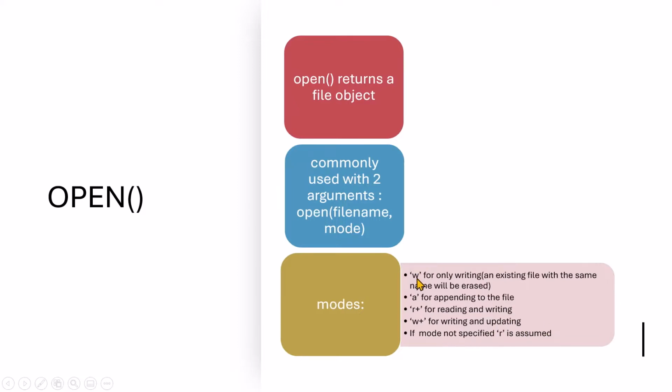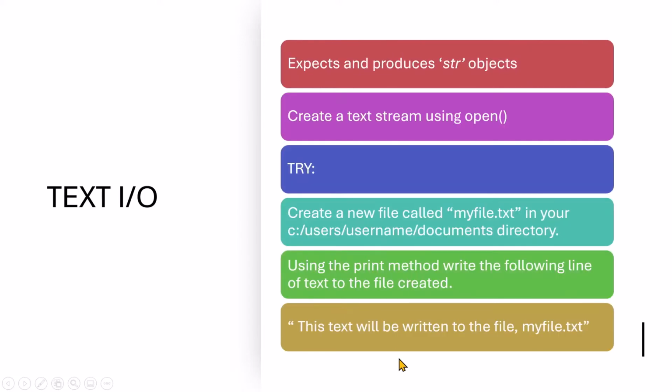The other modes are W for write only, A for appending to the file, and when we open the file in append mode, the file pointer is automatically positioned after the last character of text in our file. We have R plus for reading and writing and W plus for writing and updating. Now that we know a bit about the open method, let's go ahead and do that simple exercise.